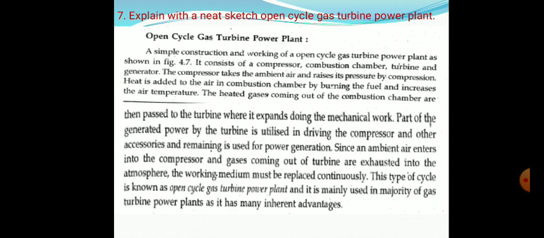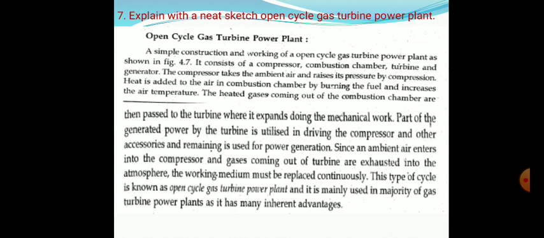The heated gases coming out of the combustion chamber are then passed to the turbine where it expands doing the mechanical work. Part of the generated power by the turbine is utilized in driving the compressor and other accessories and the remaining is used for power generation.